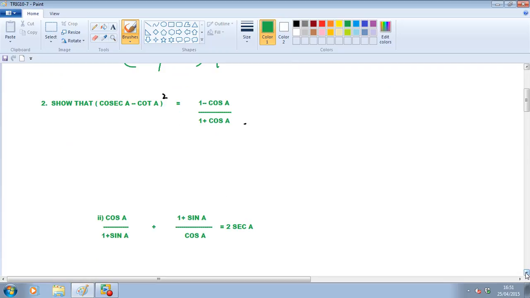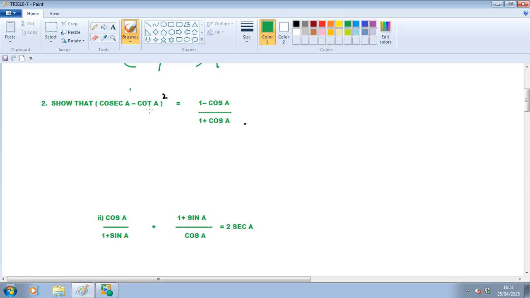So next problem we will try. See, sine, cos, cot, all these ratios are interrelated, so there will be some sort of cross relation. So next problem we'll try.